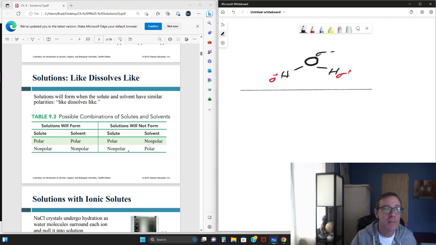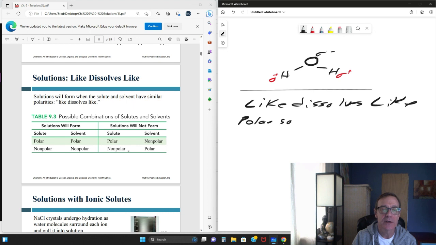We can always remember a rule of thumb, just like OIL RIG for oxidation and reduction, a mnemonic or just a concept to remember: like dissolves like. All that means is that if you have a polar solvent, you can dissolve polar solutes in that.